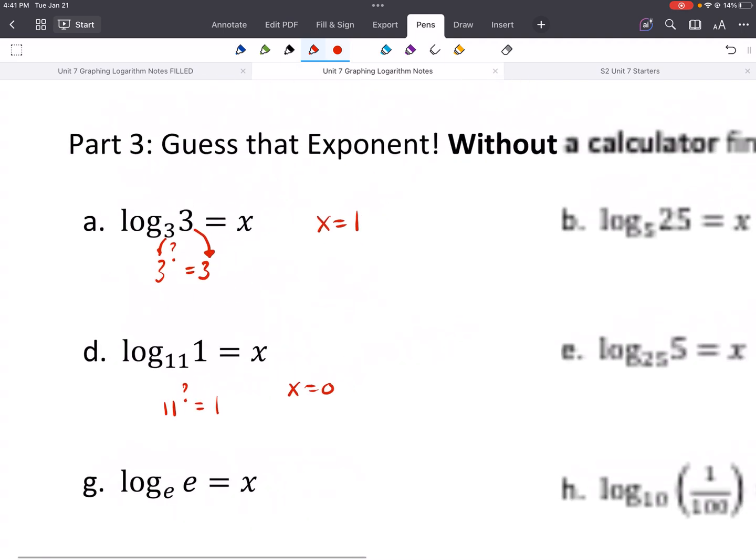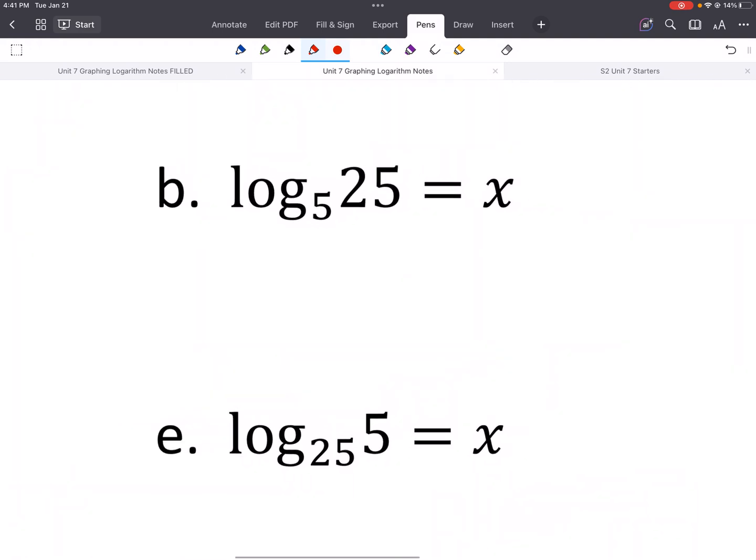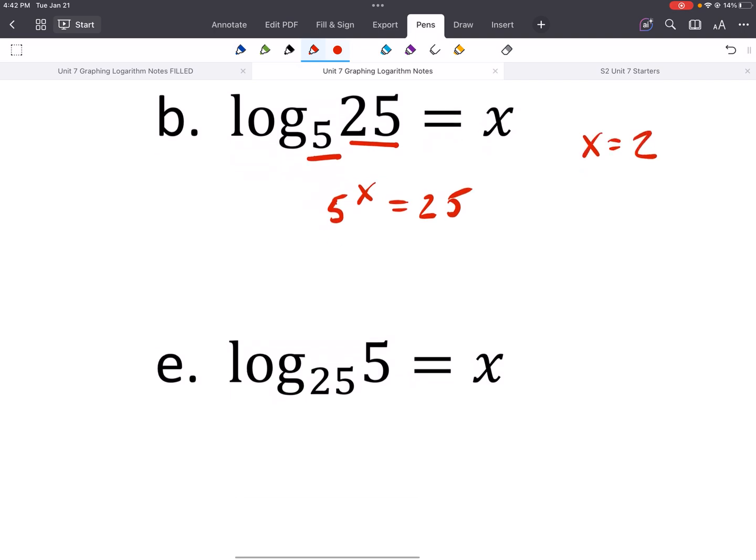Okay, let's go over here. Again, this is saying 5 to what power is equal to 25. So 5 to what power is 25? So x would have to be 2. And this is a little trickier. 25 to what power is equal to 5?